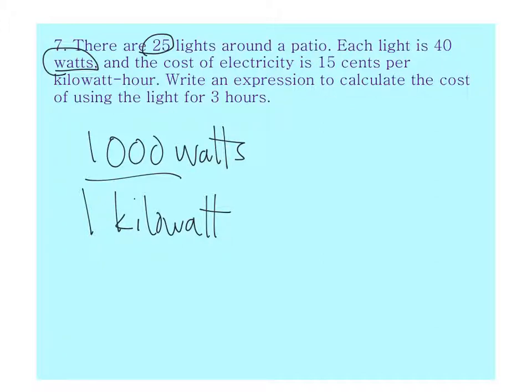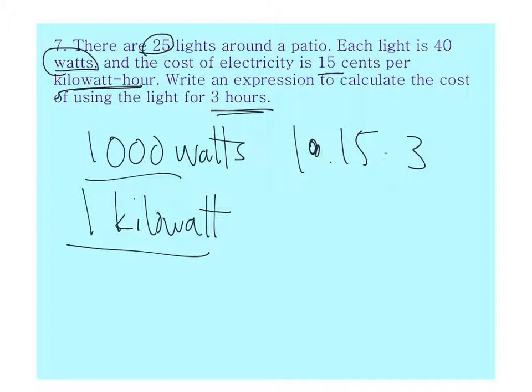Okay? So if it's 15 cents per kilowatt hour, write an expression to calculate the cost of using the lights for 3 hours. Well, all you're going to do is take basically 1 kilowatt times 0.15 times 3. Okay?